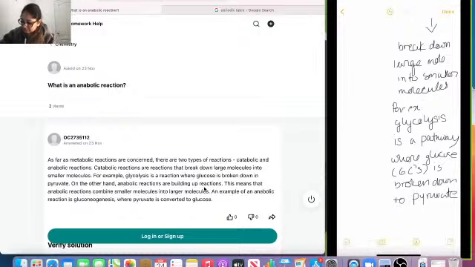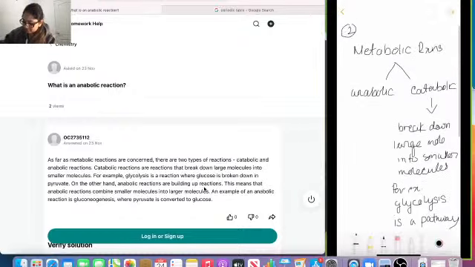And then when we're talking about anabolic reaction, anabolic reactions are building reactions. So it's basically the opposite of catabolic, where you're actually making a large molecule.